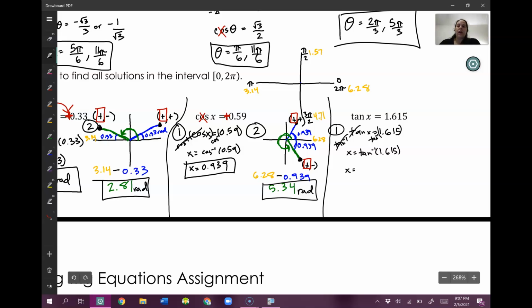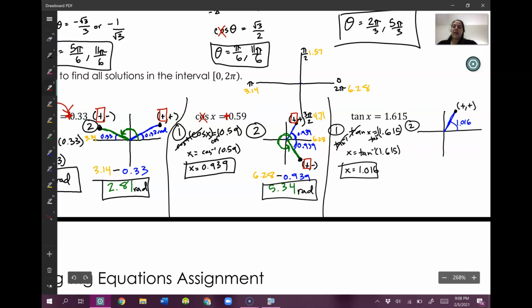Type that into your calculator and it should give you 1.016. So that is our first answer. Step 2, I need to graph this. 1.016 is going to be pretty close to my 1.57. And that point is going to be positive, positive.